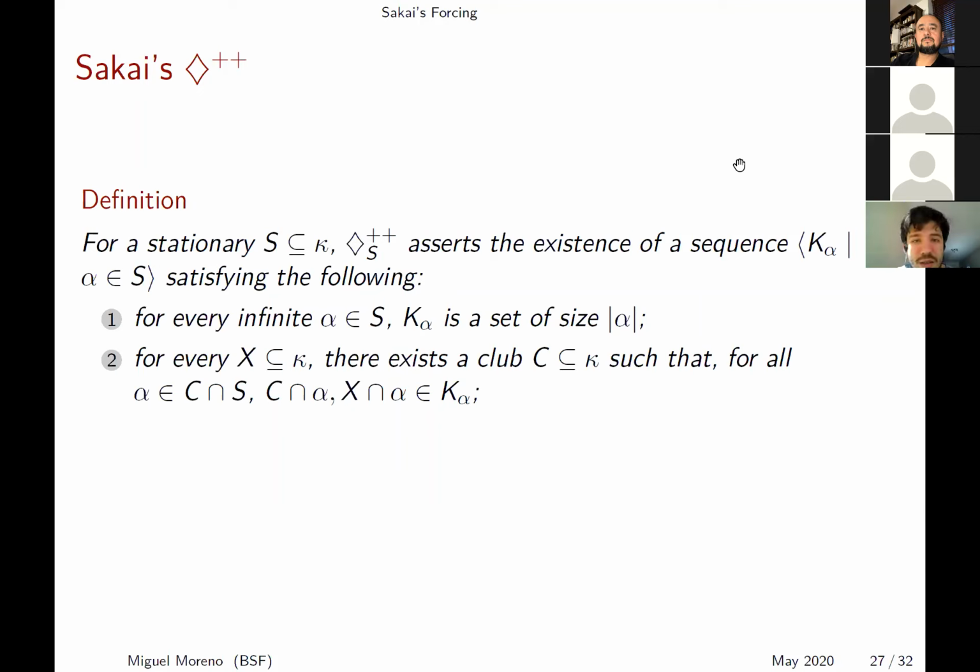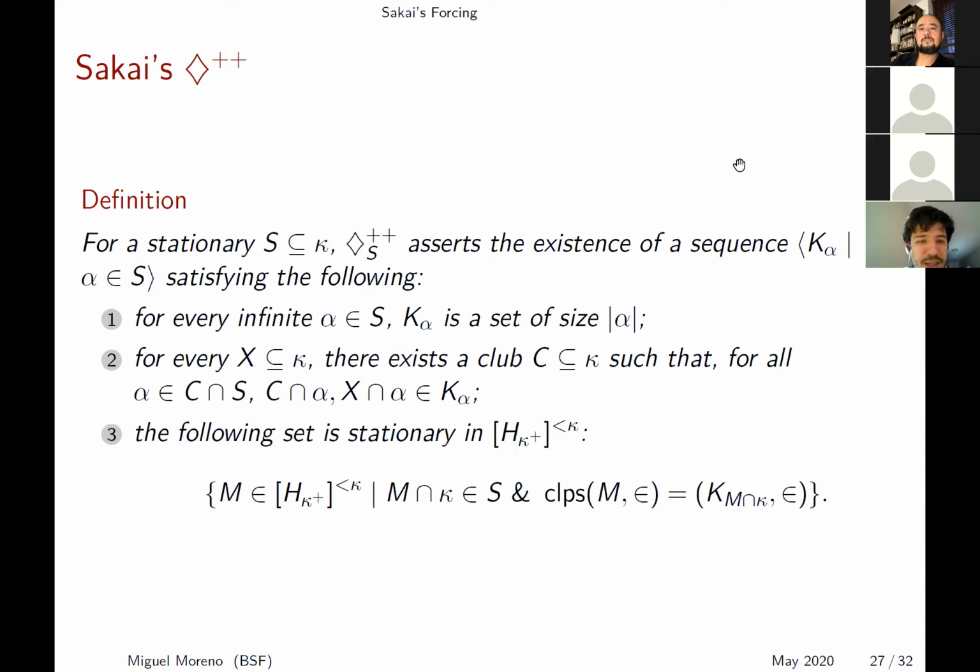Up to this point, this is the definition of diamond plus. Now the third condition says that the set of M in H_kappa-plus of size smaller than kappa, such that M intersected kappa belongs to S, and the collapse of (M, membership) is equal to (K_{M intersect kappa}, membership), is stationary in the set of subsets of H_kappa-plus of size less than kappa. So this is the double plus thing.